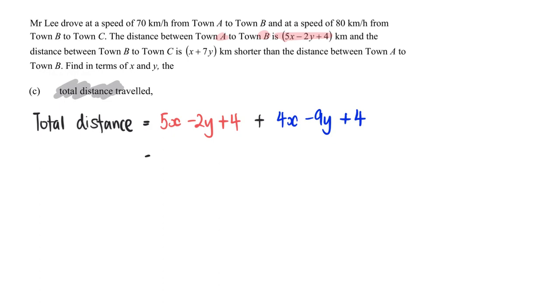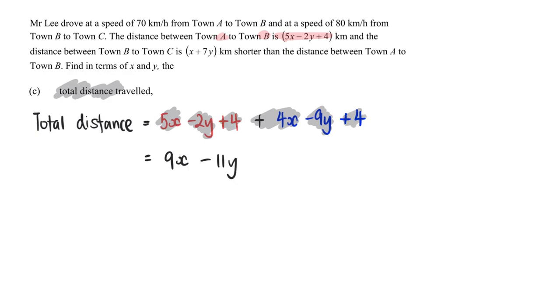So our job now is to just simplify this expression, simplify the like terms. Positive 5x, positive 4x, total will be positive 9x. Negative 2y minus 9y, that will give me negative 11y.